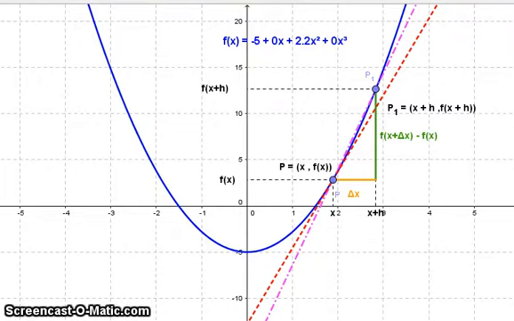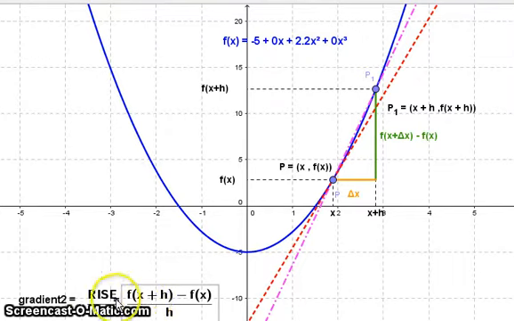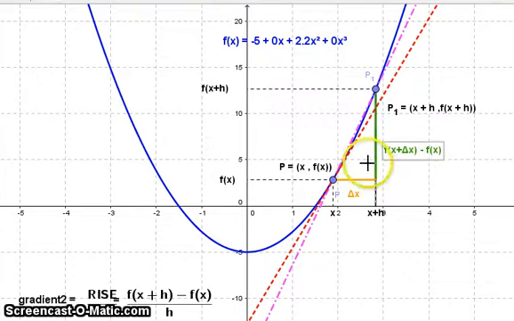And so that means to find the gradient of the second one, which remember is just an estimate at this stage of the actual gradient, it is rise over run, which is equal to rise, that stuff there, minus, so this is basically y2 minus y1, and that gap there is h.